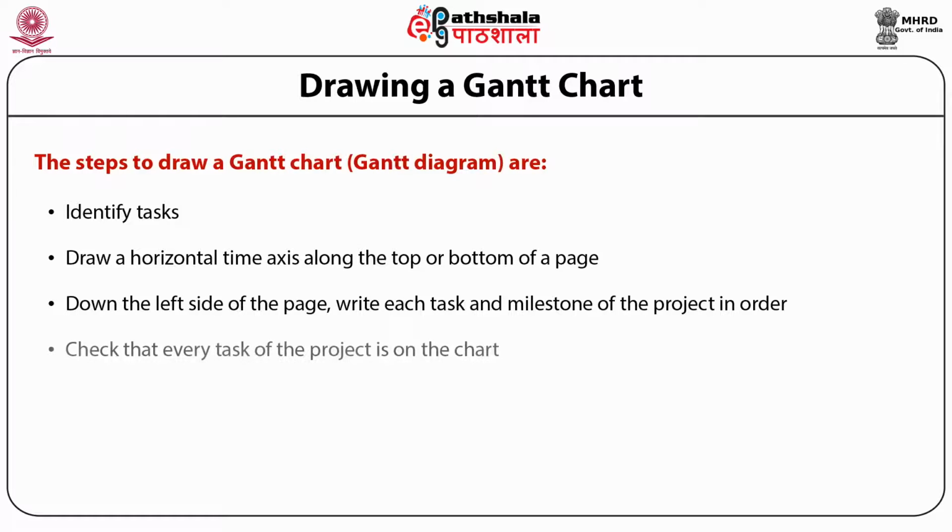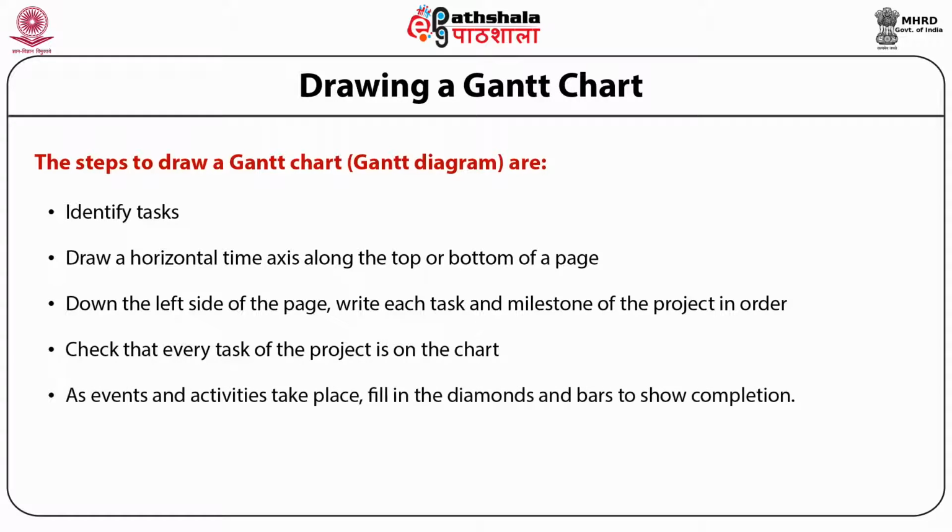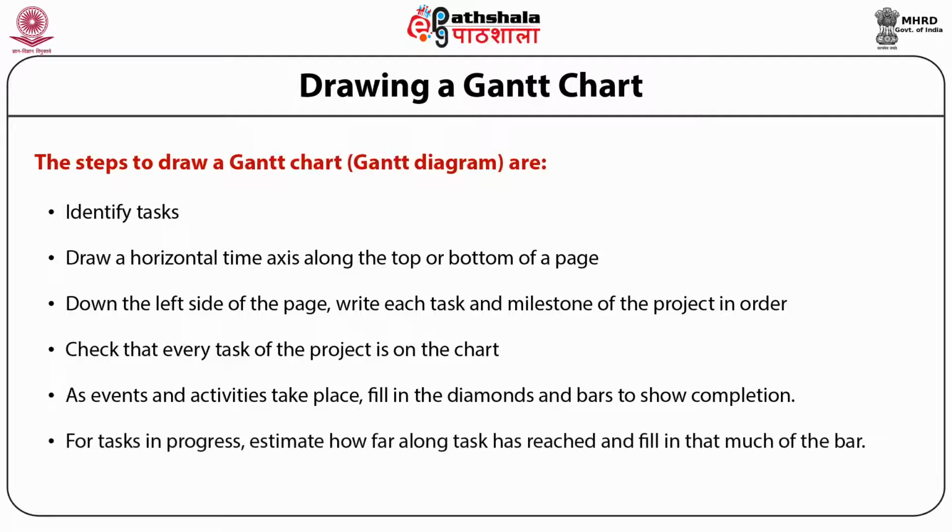Besides this, every task of the project can be checked on the chart. As events and activities take place, diamonds are filled in and bars show completion. For tasks in progress, an estimation has to be made of how far the task has reached and that much of the bar filled in.